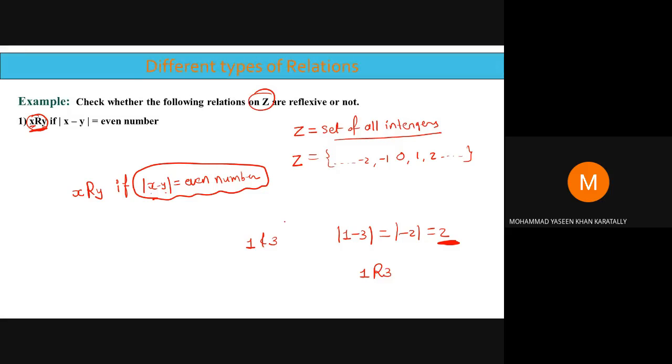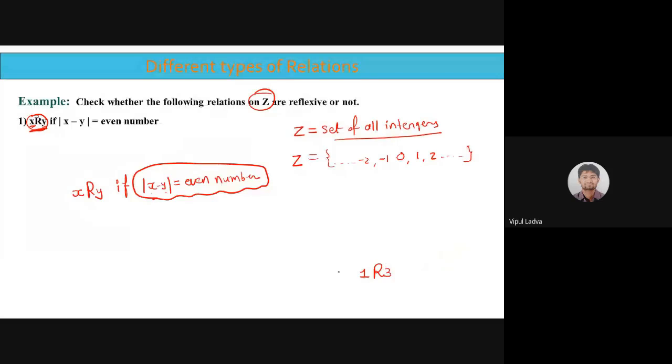Yes, sir. Now, what we are checking right now is whether this relation is reflexive or not. That means I need to check for each and every element of Z that 0 must have a relation with 0, 1 must have a relation with 1, 2 must be connected with 2, 3 with 3, and similarly -2 must be in relation with -2.